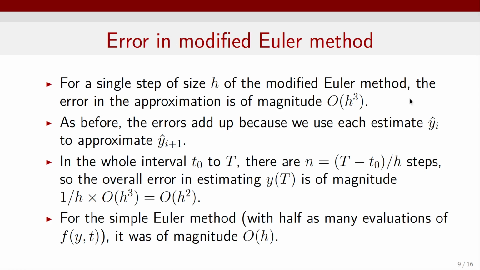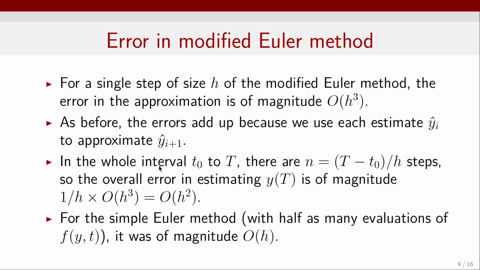So for a single step of size h of the modified Euler method, the error in the approximation is of order h to the third power. So one step of the modified Euler method is third order accurate. However, the error accumulates as we add up several steps, because we go from yi to yi plus 1, and then from yi plus 1 to yi plus 2, and so on.